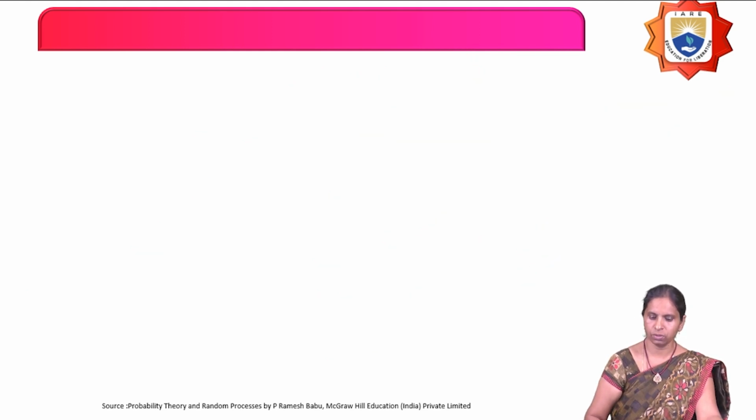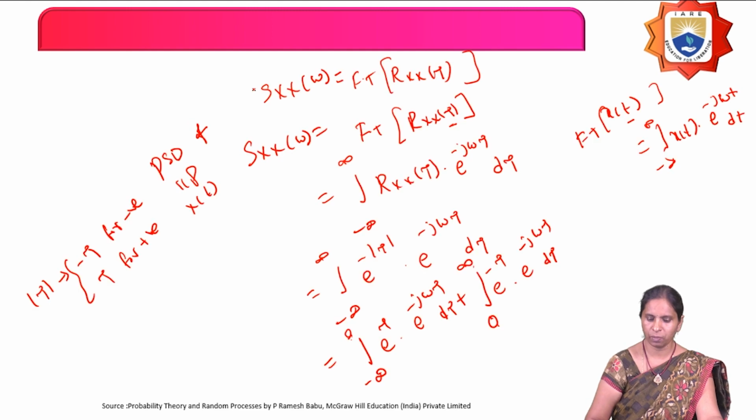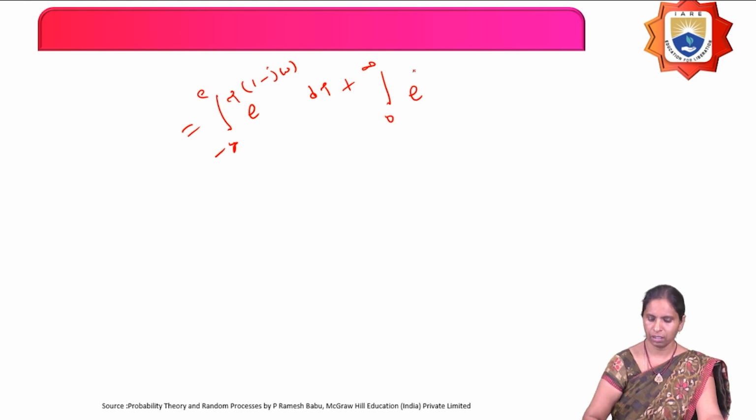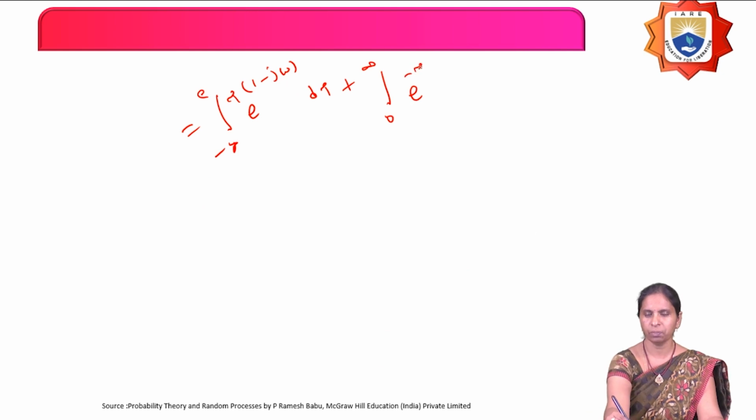So that equals the integration from minus infinity to 0 of, if you take e power tau common, 1 minus j omega, e power tau into 1 minus j omega d tau, plus the integration from 0 to infinity. If you take e power minus tau common in both cases, you will get e power minus tau into 1 plus j omega d tau.